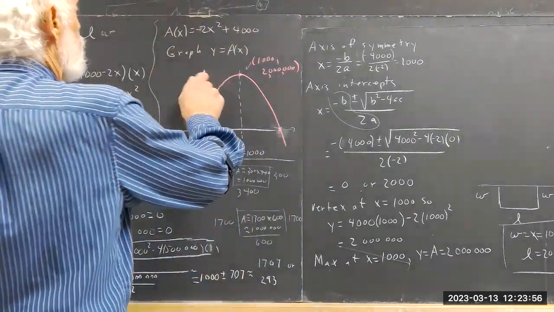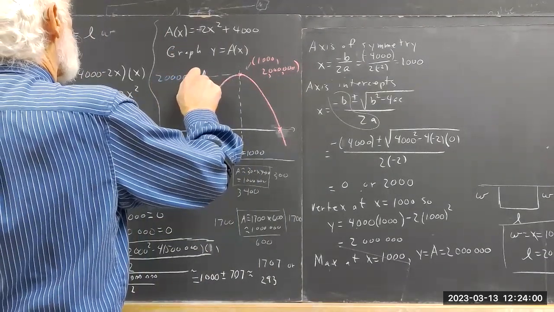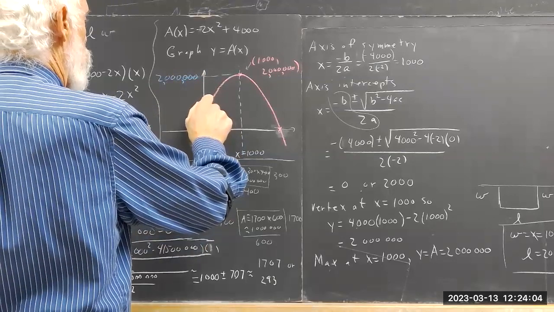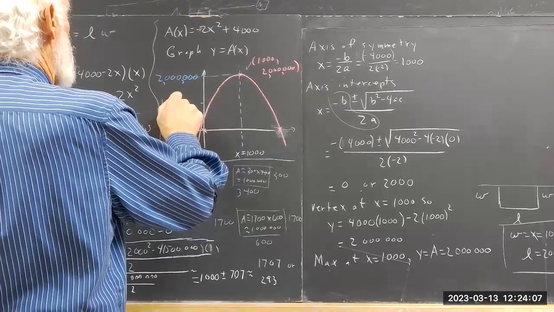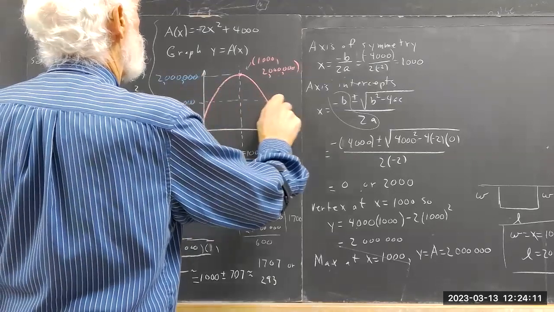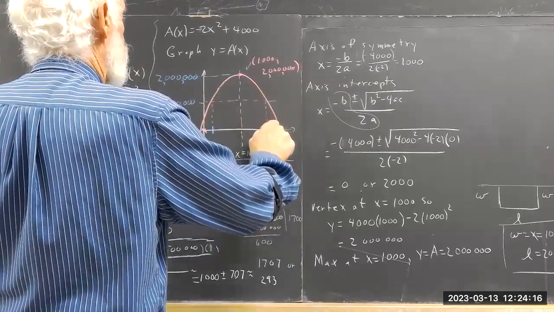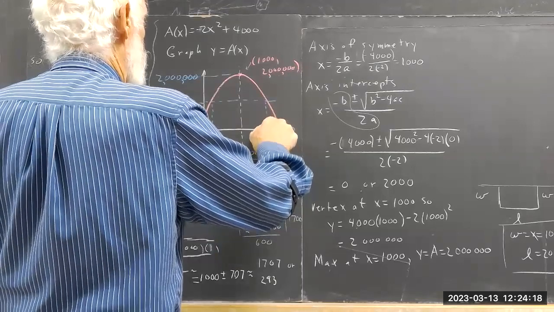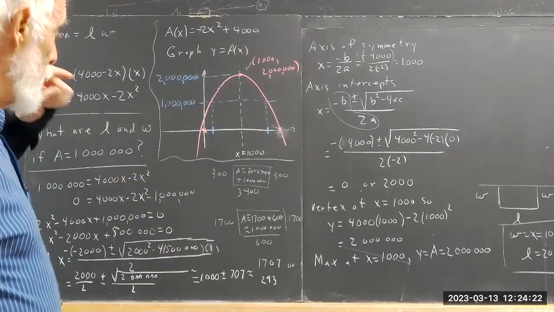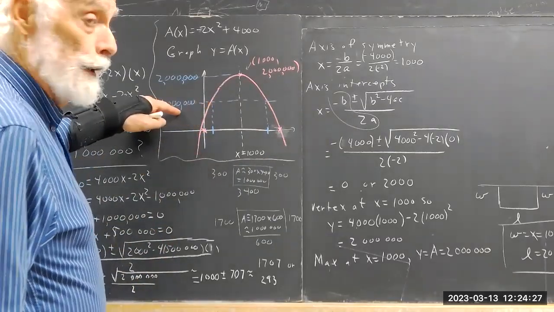Here now our area is 2 million. 1 million would be here. What's this? And what's this? Okay, this would be the x that would give us an area of 1 million.